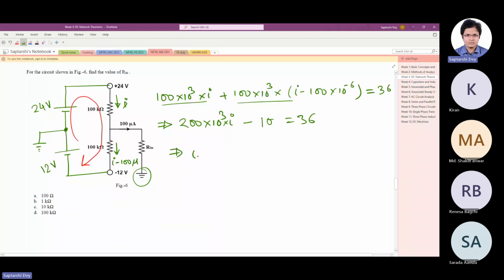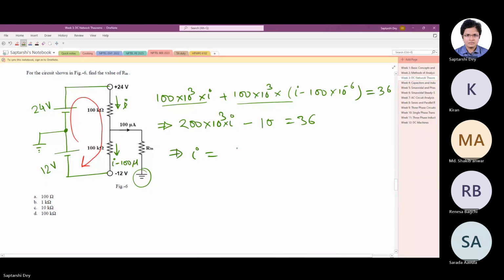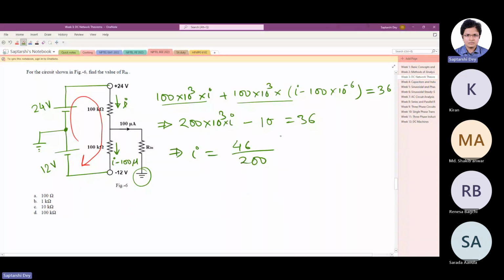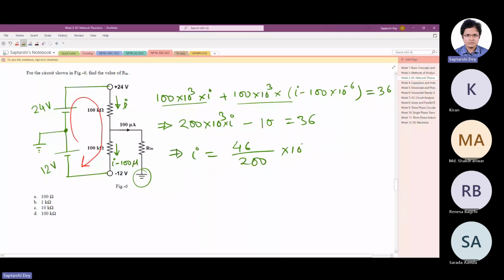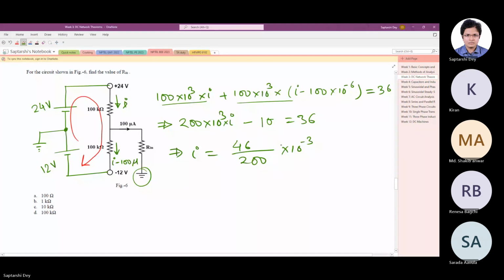So we have I equals 46 by 200 times 10 to the power minus 3. Forty-six by 200. If I do 10 to the power 6, this should give me the microampere. This is 230 microampere.